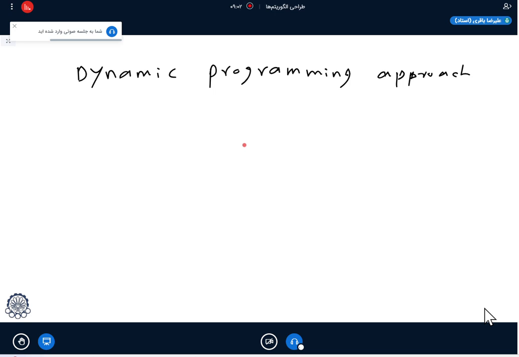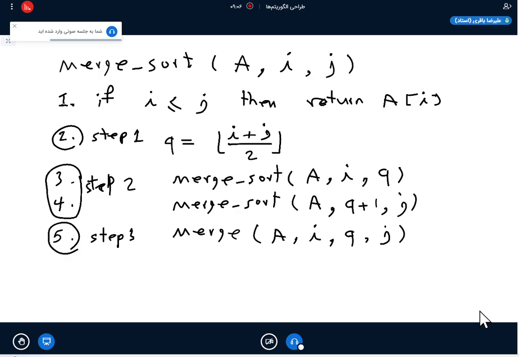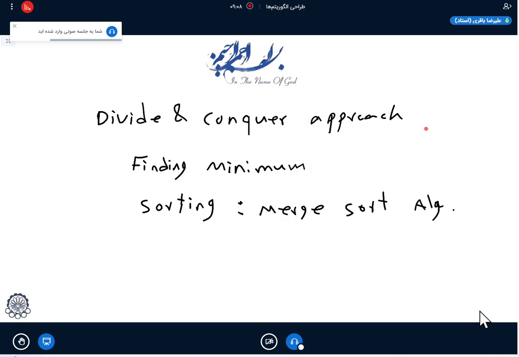What is the dynamic programming approach? The previous approach was divide and conquer. In short, we can say DC. DC stands for divide and conquer. In divide and conquer approach, we have three steps: dividing steps, recursively solving the subproblems, and then combining steps.